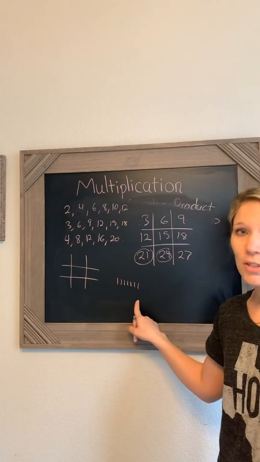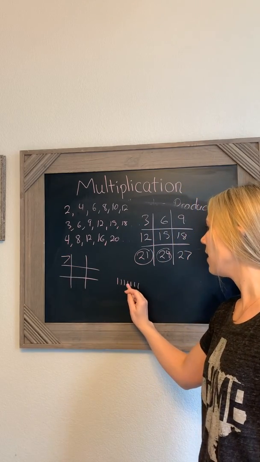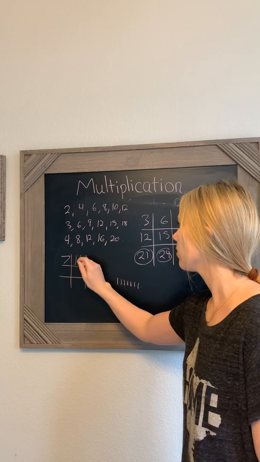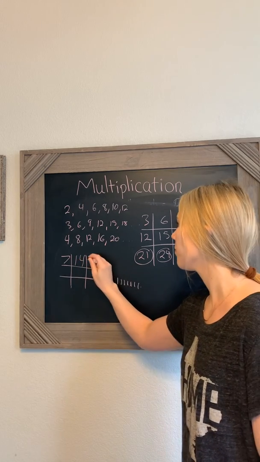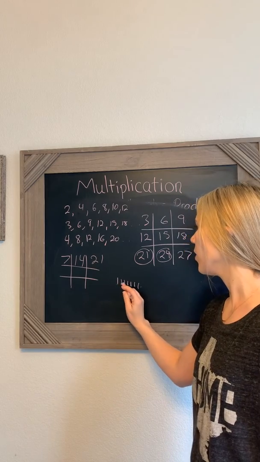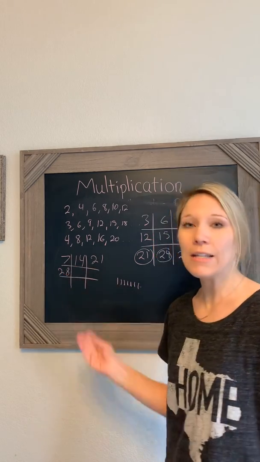Do 7 slashes. You know that's 7, 8, 9, 10, 11, 12, 13, 14, 15, 16, 17, 18, 19, 20, 21, 22, 23, 24, 25, 26, 27, 28, and so forth.